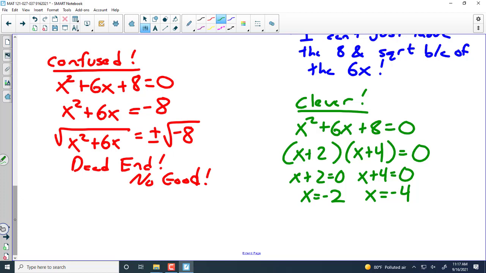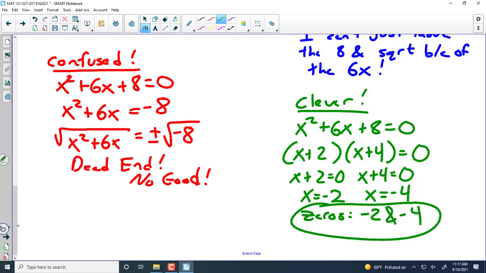Because people think you factor this as x plus 2 and x plus 4, and those people are right. But then they start thinking that 2 and 4 are their answers. But are 2 and 4 the answers? No, negative 2 and negative 4 are. They're the zeros. They're not just random answers, they're zeros. They're numbers that you could plug into the original function and get a result of 0.